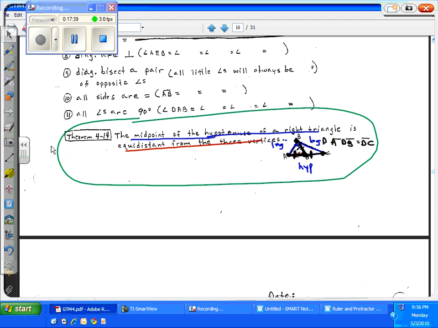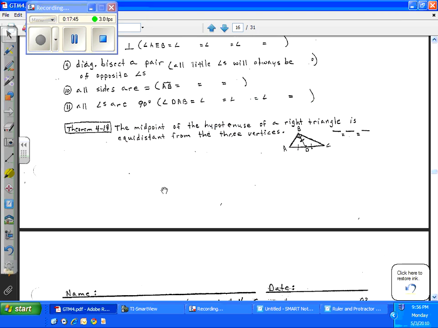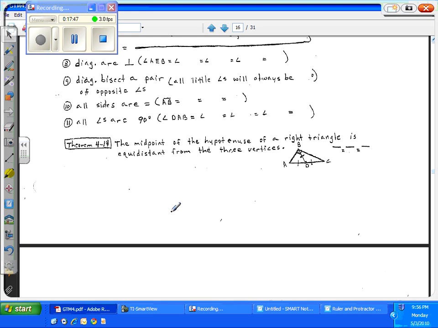The midpoint of the hypotenuse of a right triangle is equidistant from the three vertices of the triangle. Okay?